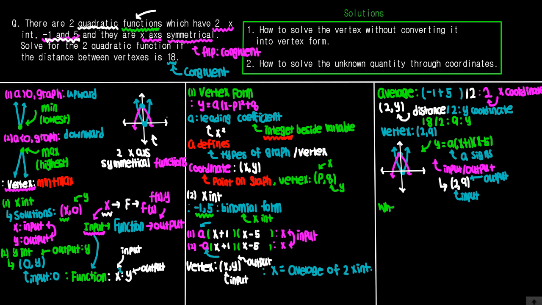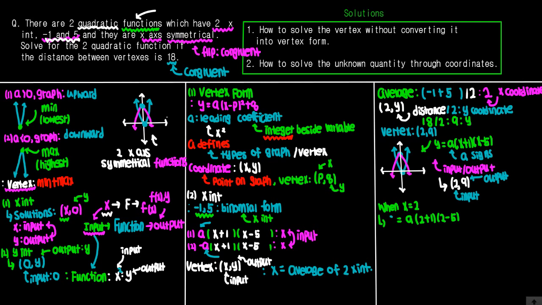So let's actually do it. When we input 2 for x, we get y is equal to a times 2 plus 1 times 2 minus 5. And we need to know that our y value here is 9.